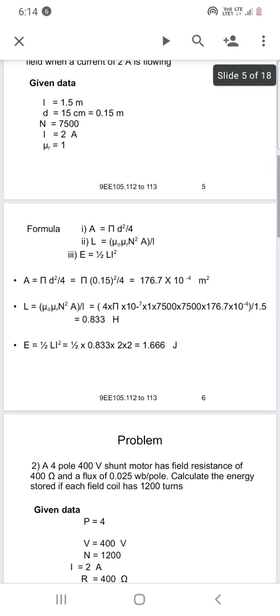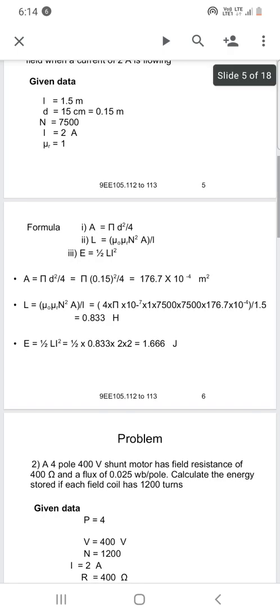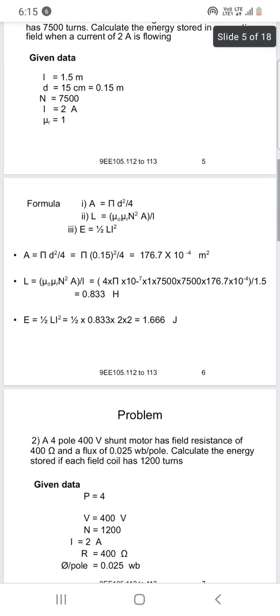So we have to find the area of cross section: A equals pi d squared by 4. Substituting d equals 0.15, A equals pi into 0.15 squared by 4, which is 176.7 into 10 to the power of minus 4 meter squared. This is the area of cross section.